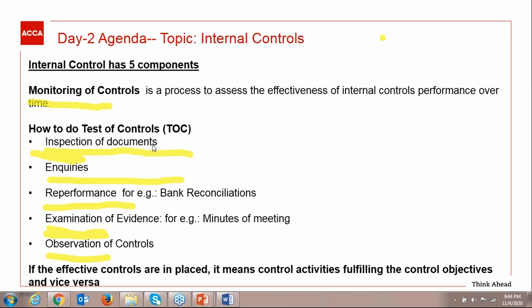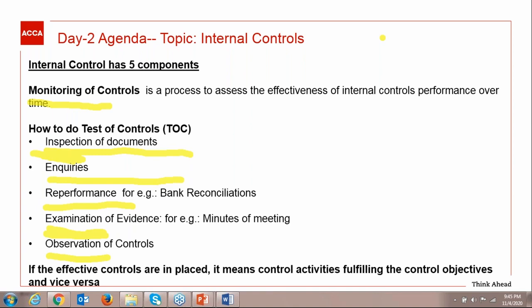If the management said that we have done segregation of duties and every transaction is approved by the finance director, which we have discussed in the last slide, this is the internal control which the management has put in place. Now the auditor comes.